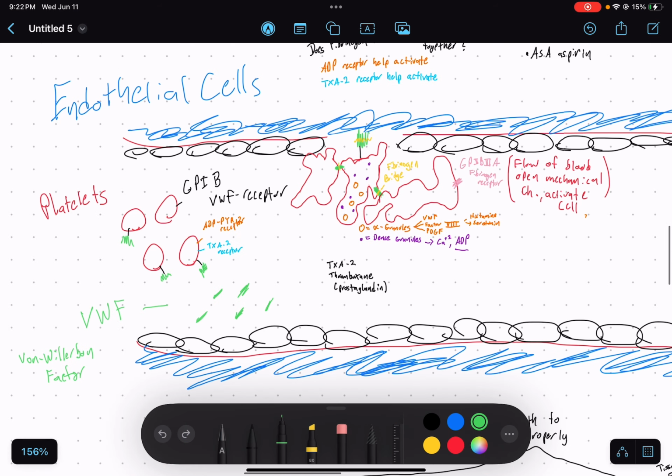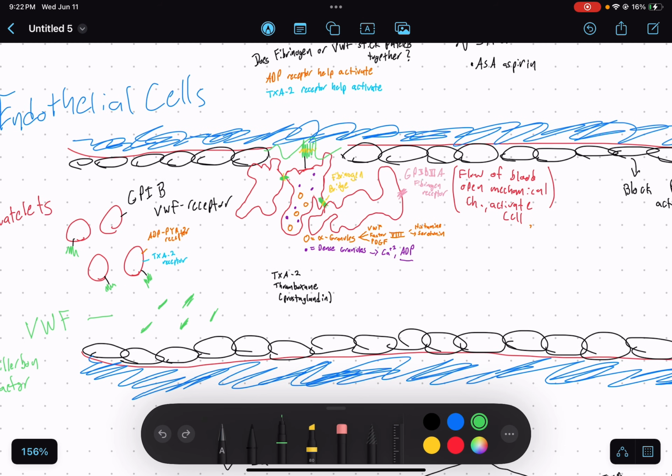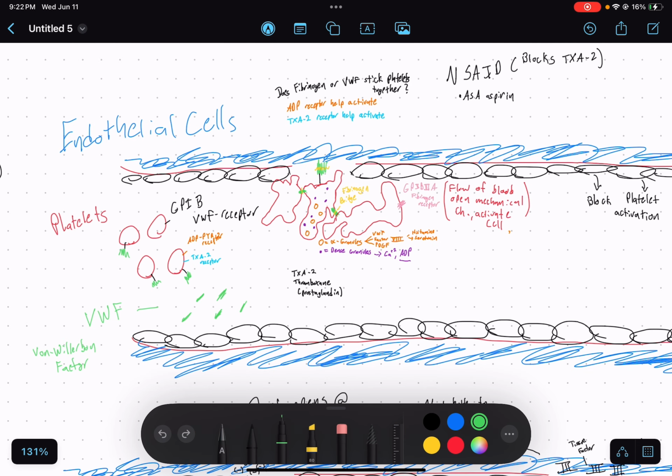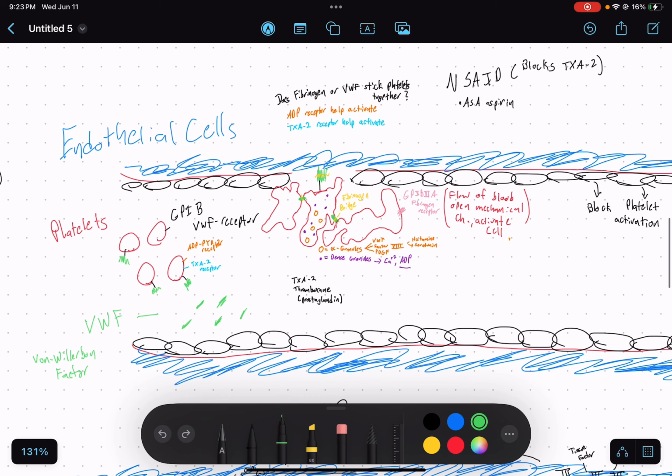So we have platelets here in our blood, and whenever an area is damaged, our platelets are going to be attracted to the endothelial cells, because there's a VWF factor right here, which is von Willebrand factor, and it is going to attach to the platelets because they will have a receptor for VWF, and that will then attach it to the endothelial cells over here.